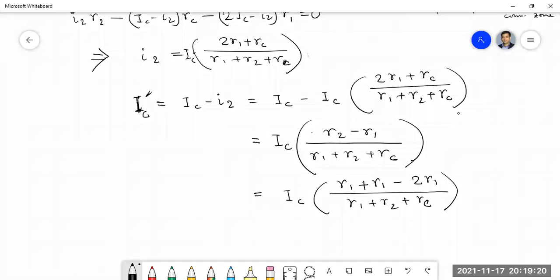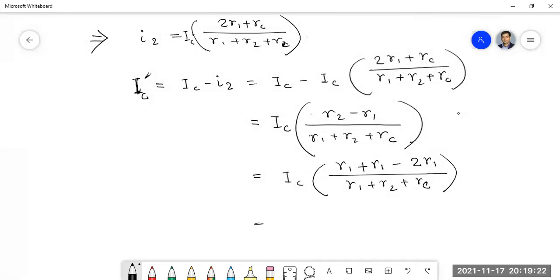So this is the simple thing. Now you divide numerator and denominator by R1 plus R2. What you will get is 1 minus 2R1 by R1 plus R2, divided by 1 plus RC by R1 plus R2.